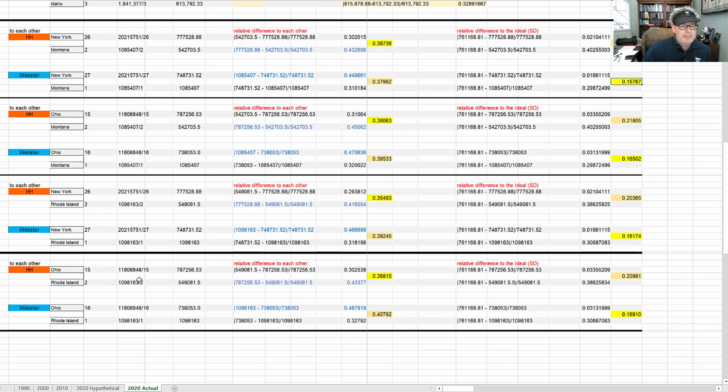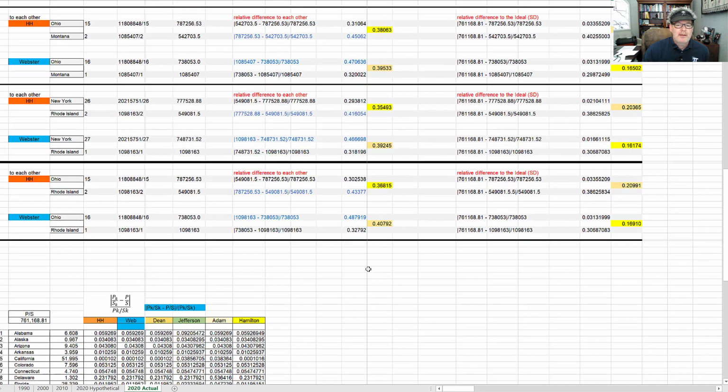So just find people per seat, compare it to the standard divisor or the average for the country. How far away are you from that? Relatively speaking, you're closer with Webster. And this one's easy.